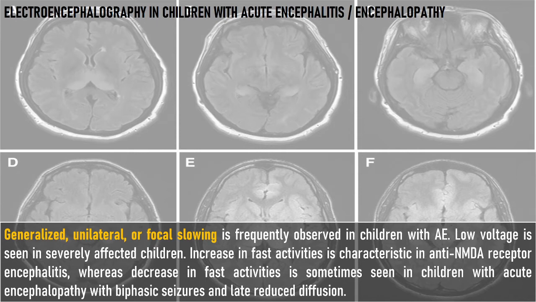Low voltage is seen in severely affected children. Increase in fast activities is characteristic in anti-NMDA receptor encephalitis, whereas decrease in fast activities is sometimes seen in children with acute encephalopathy with biphasic seizures and late reduced diffusion.